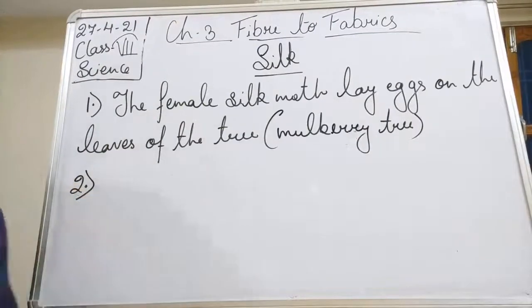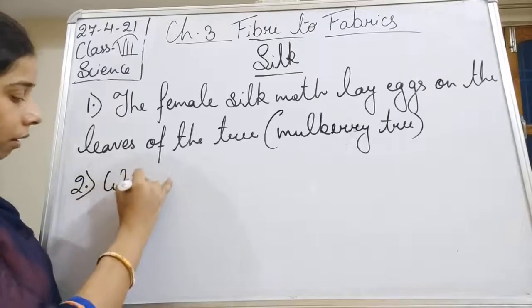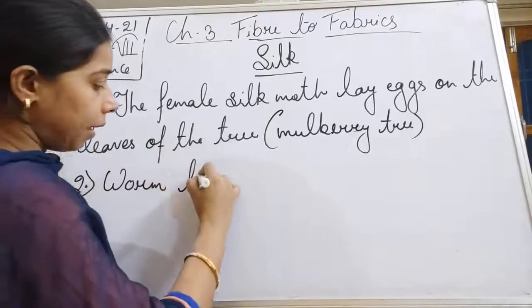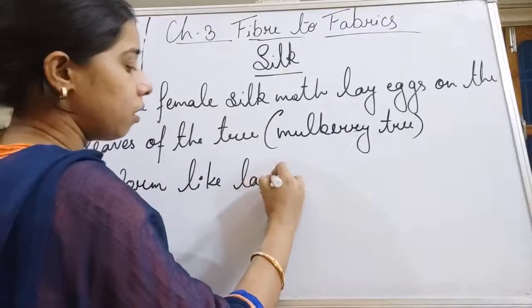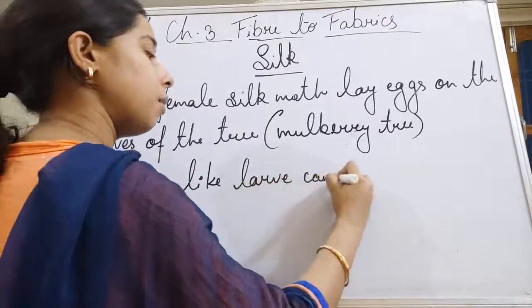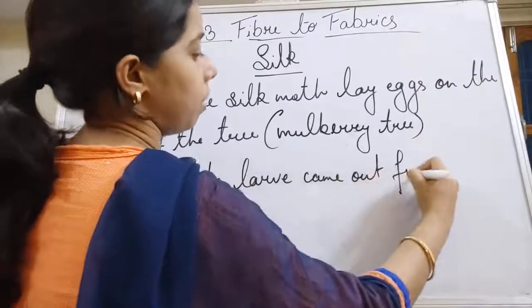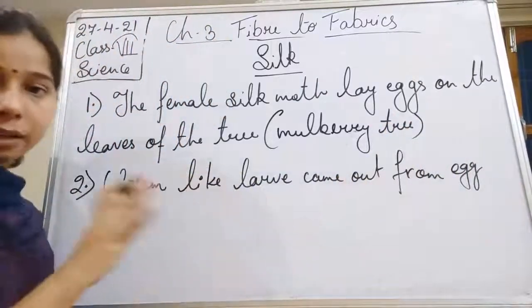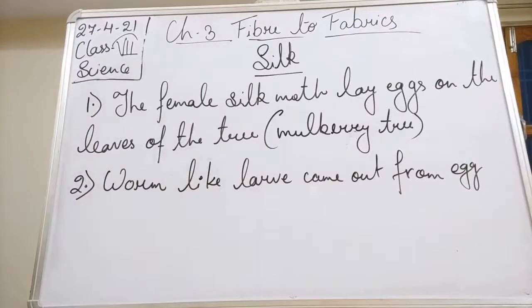Then what happens? Second step, students. Now the worm-like larva comes out from the egg, which we call a larva or caterpillar. Both names we have given to it.